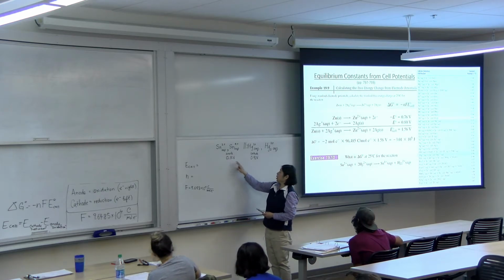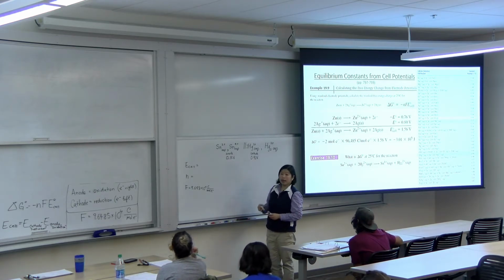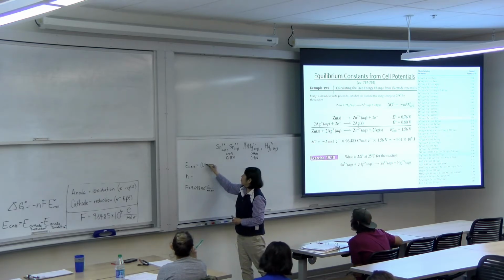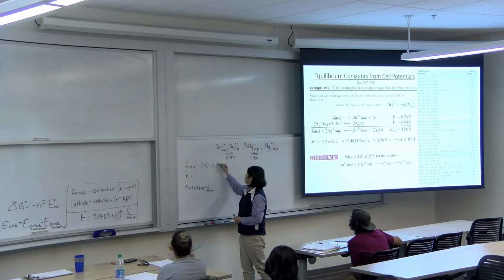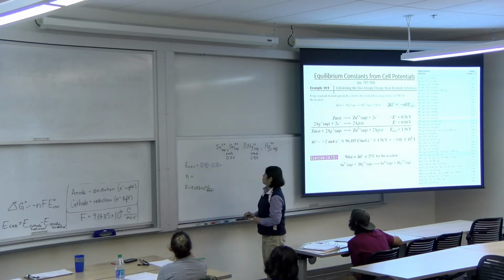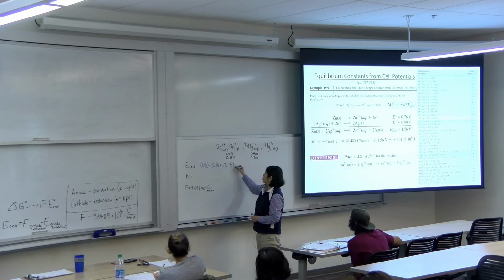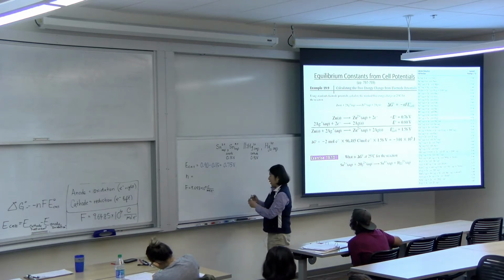So we're going to subtract what to get E cell? Cathode minus anode. 0.75 volts. Okay. What is N?